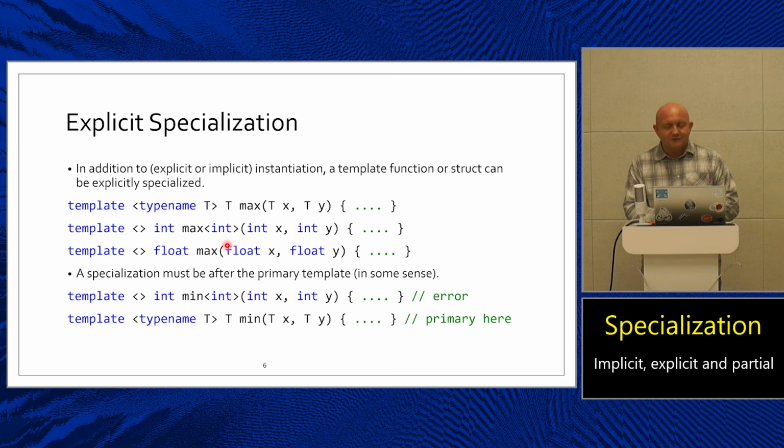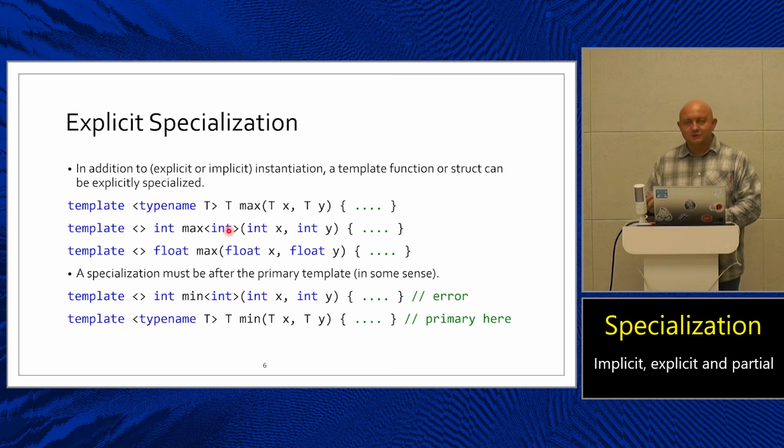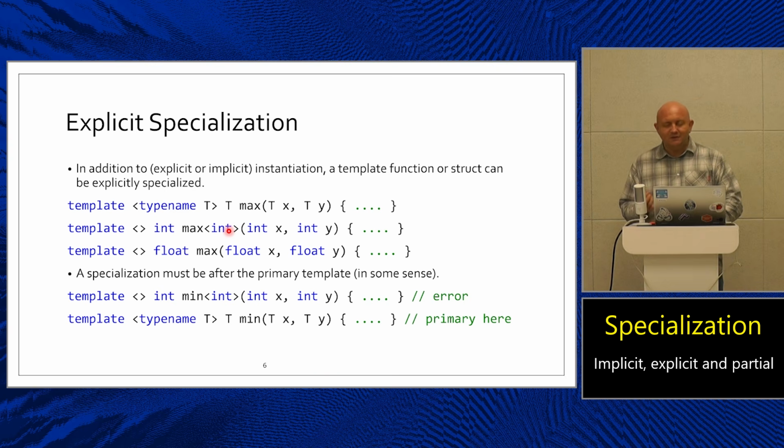And now, a crucial rule. A specialization must be declared in some sense after the primary template. Or to use a more precise term, the primary template must be reachable when the specialization is declared. And in the next lecture, we will touch upon what is reachable and how it corresponds with physical code organization in your program.